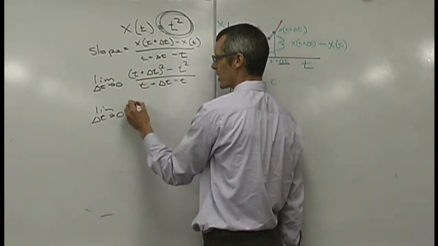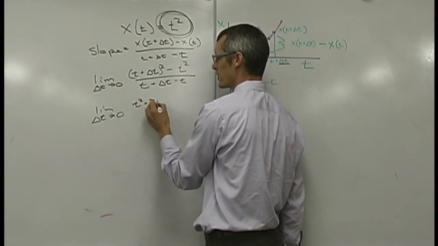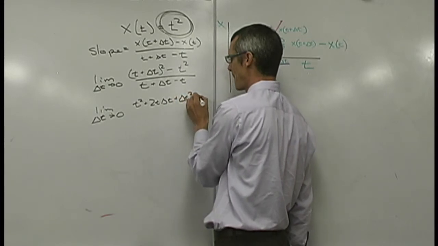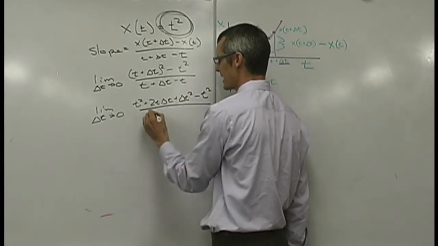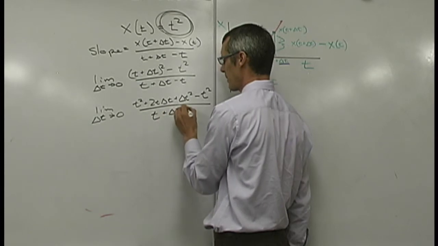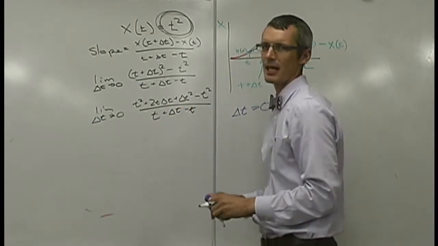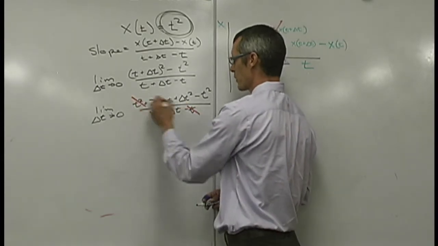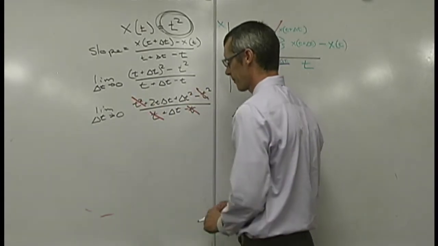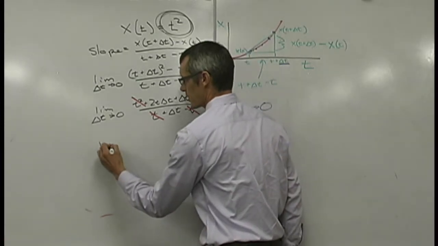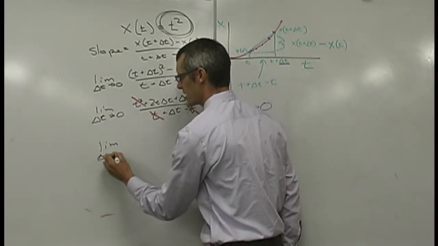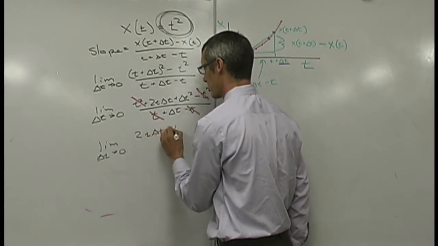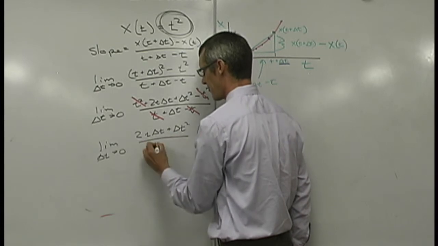If I expand this function, I get t squared plus 2t delta t plus delta t squared minus t squared divided by t plus delta t minus t. And now, quite conveniently, we have several things that cancel out. On the bottom, I have t minus t. And on top, I have t squared minus t squared. So the limit as delta t goes to 0 of 2t delta t plus delta t squared divided by delta t.